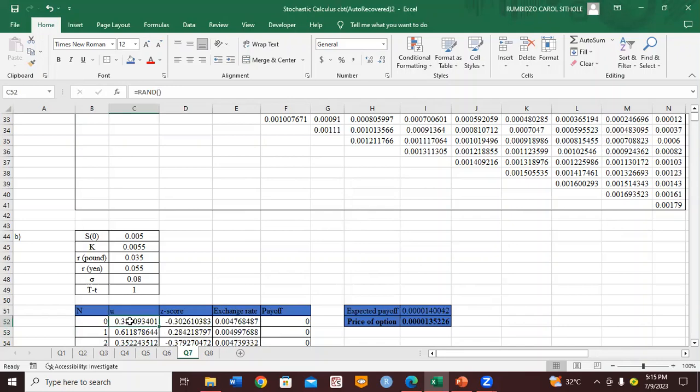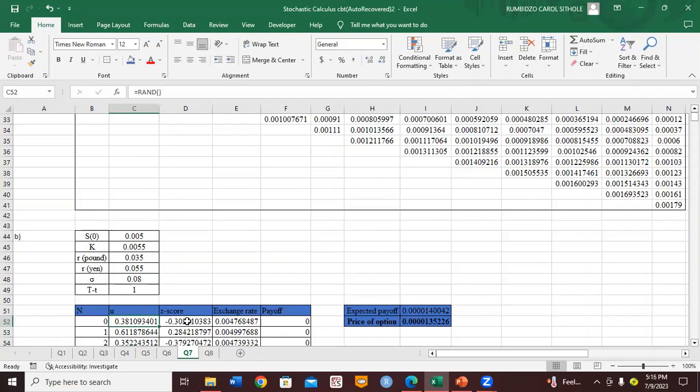We want a random number. So we click equals RAND, and you put this effect, and then you click enter. So it will give you random values. So you have to come here and double click here, and it will calculate random values all the way down.